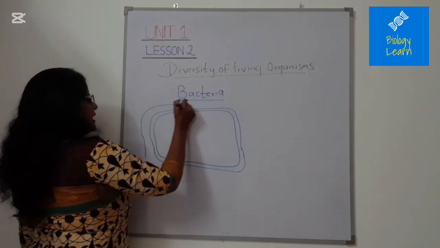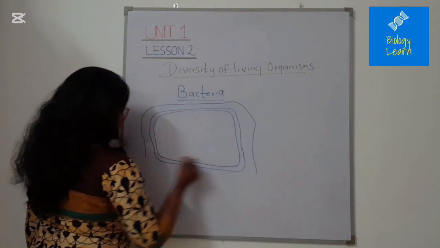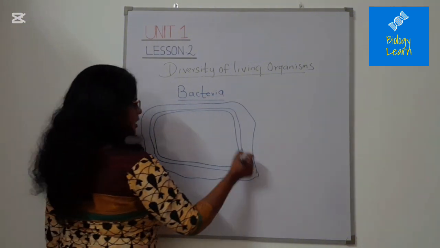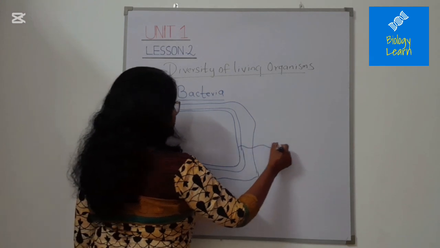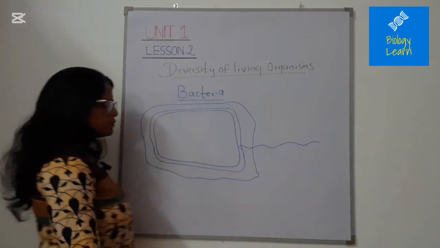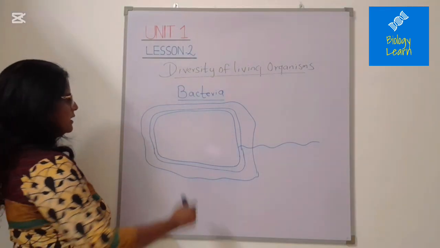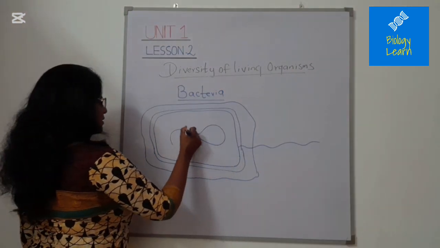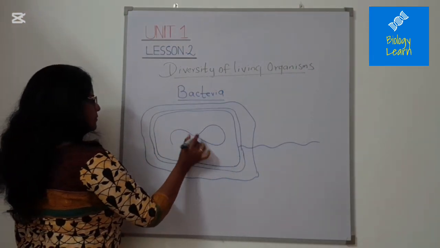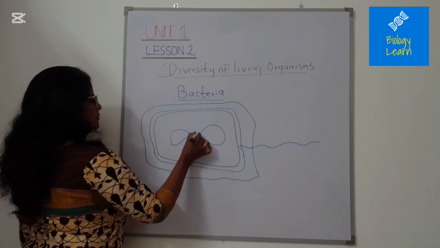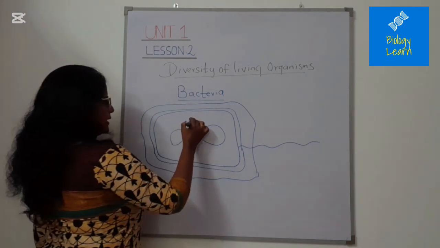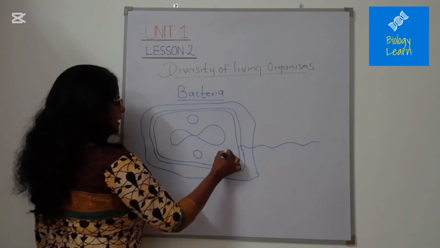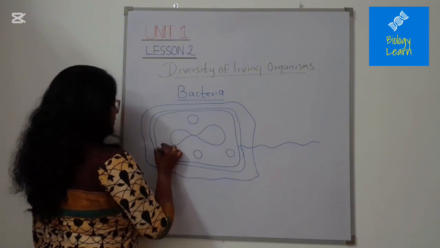Some bacteria have a capsule outer to the cell wall. Most bacteria have a flagellum for movement. Bacteria has a circular chromosome of DNA, and there are small circular pieces of DNA known as plasmids.